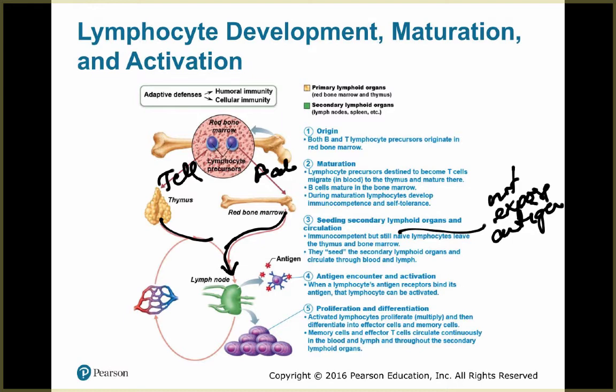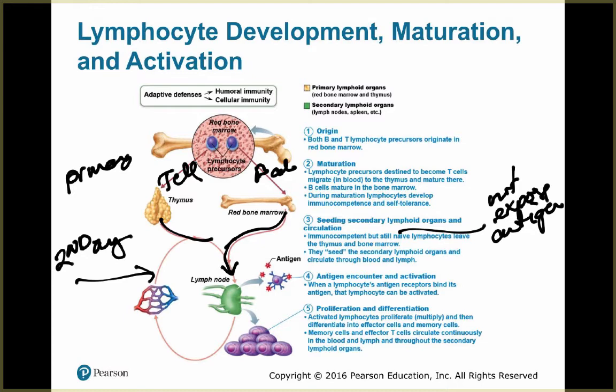And so they're moved from these primary lymphoid organs, the bone marrow and the thymus, and they're seeded to the secondary ones. Remember, we talked about that in the last unit. So the lymph nodes and the spleen, right?